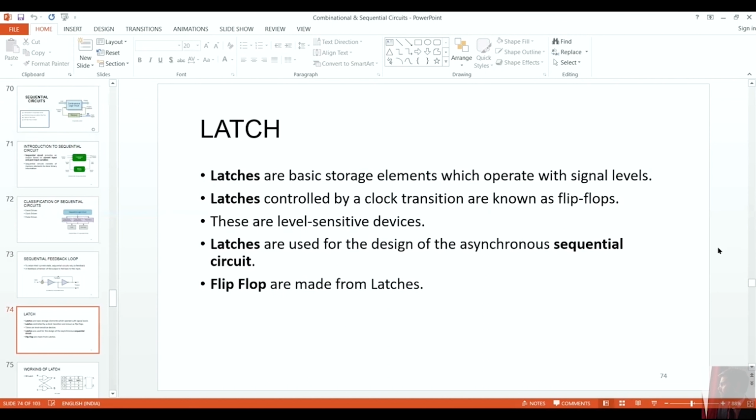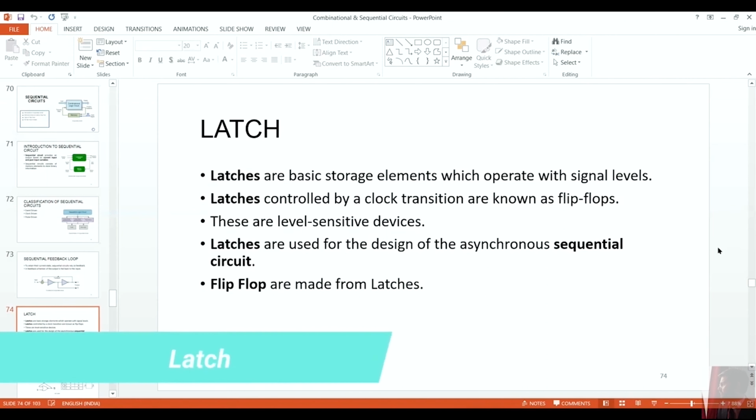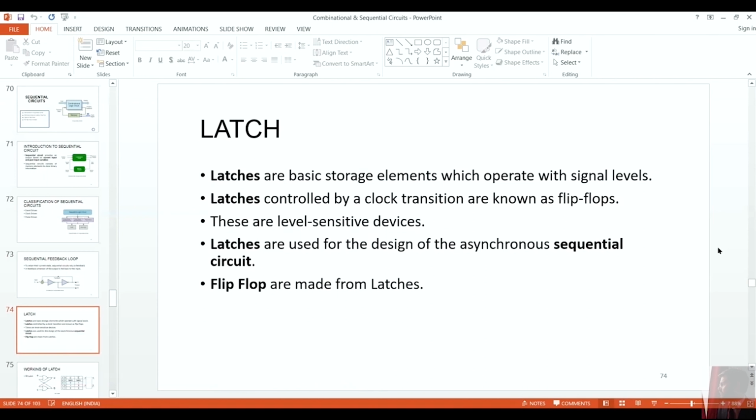As I discussed at the start of the video, and even in the previous video, we will discuss latch and flip flop. Latches are nothing but uncontrolled circuits, dealing with signal levels. In a flip flop we are dealing with a master slave configuration, triggered by clock transition. In a latch it is not.